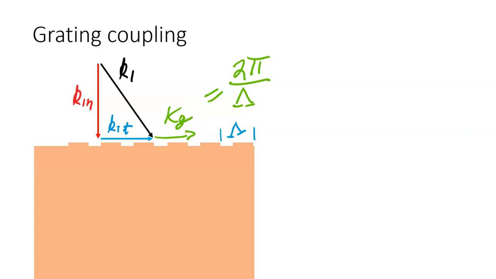We can then write the tangential wave number on both sides of the interface as the tangential component of the incident field plus m times the grating vector, where m is the diffraction order. This equals the tangential component of the wave number of the transmitted field.